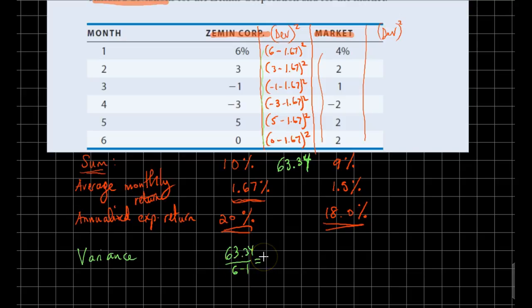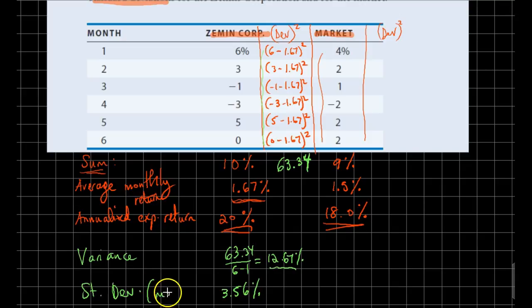That number will come out as 12.67%. And further, when we calculate the standard deviation, it would give us a 3.56% standard deviation. All you do is take the square root of that number, which is, as I said, 3.56%. Now we might as well annualize the standard deviation as well.